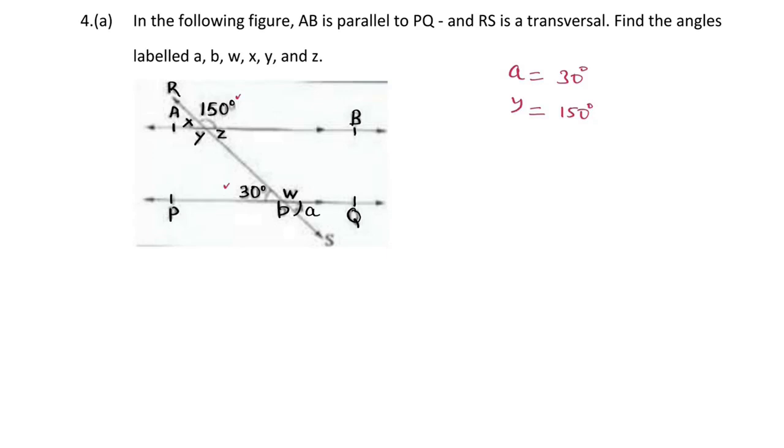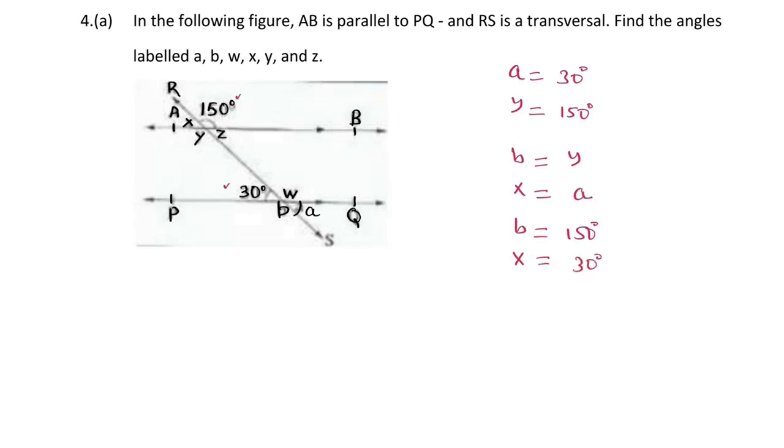And also we have to recall that corresponding angles must be equal. Then we are saying angle B must equal angle Y, and X must equal angle A. So we are having B equals 150 degrees, and X is going to equal 30 degrees.